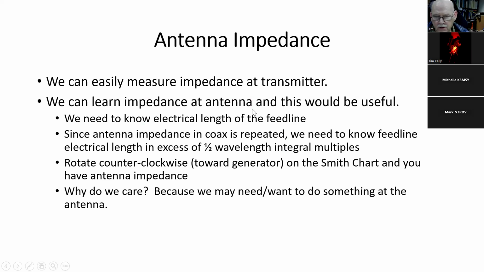Well, the first thing you need to know is the electrical length of the feed line. And there's a couple ways to get to that. You can go measure the physical length of the feed line. That may be inconvenient if it's already in place. And then multiply by the velocity factor, which may or may not be accurate because my experience is published velocity factors are not always fully accurate.